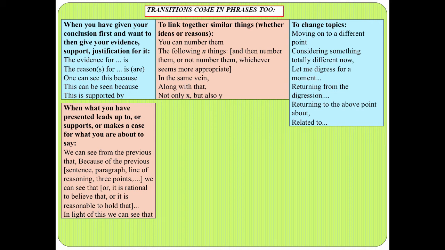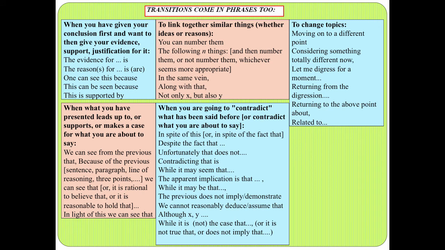When what you have presented leads up to or supports or makes a case for what you are about to say: we can see from the previous that, because of the previous, we can see that. When you're going to contradict what has been said before or contradict what you are about to say: in spite of this, or in spite of the fact that, unfortunately, that does not.